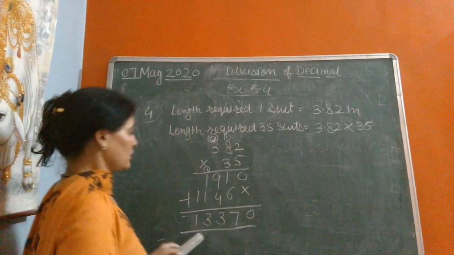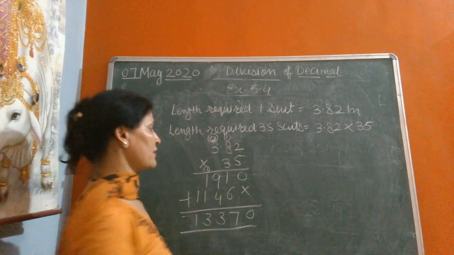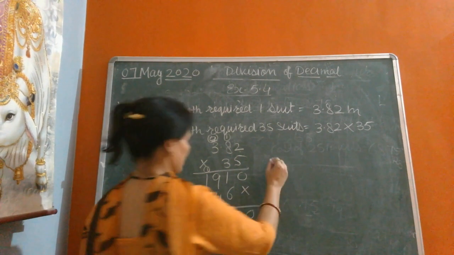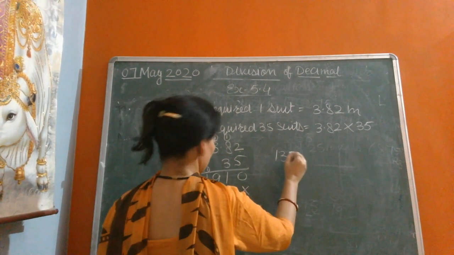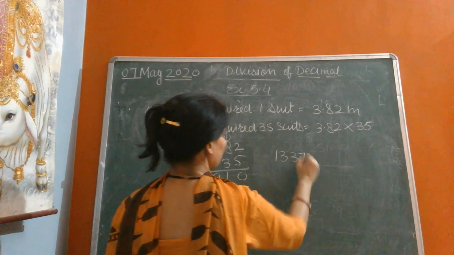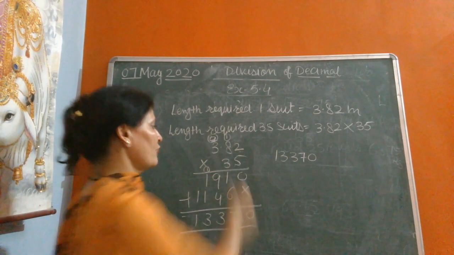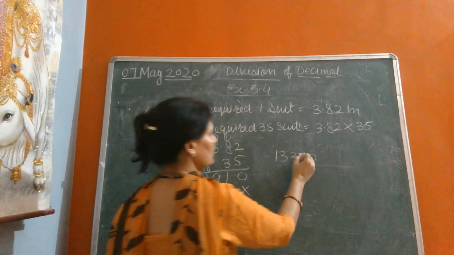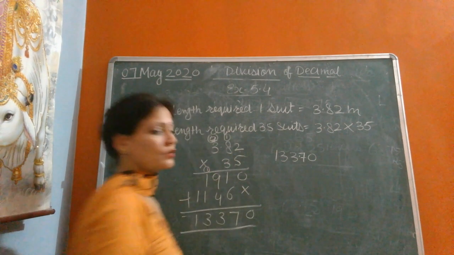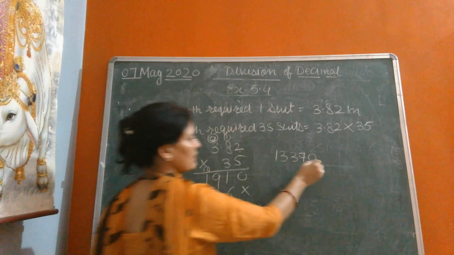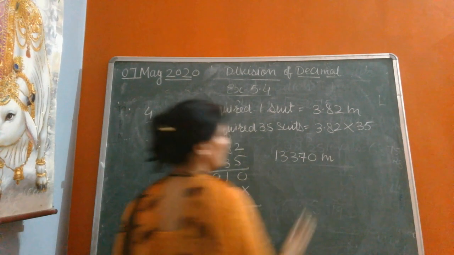Now 13,370. How to put the decimal? Count the digits after the decimal: 1 and 2. So we will put the decimal before the last 2 digits, and it becomes 133.70 meters.